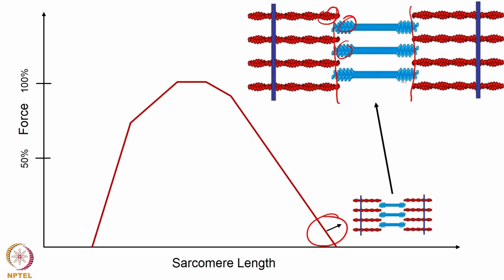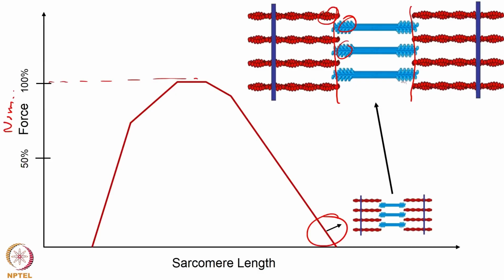This is the point at which the sarcomere is going to produce its maximum force, right, which is 100% of the absolute. So, this is the reason why you have a non-monotonic relationship between force and length in a sarcomere.